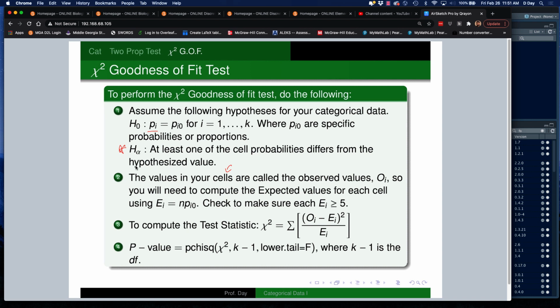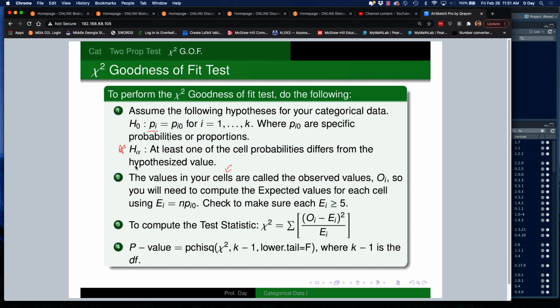We took a random sample of flowers and kept account of the colors, and that's what we're going to use as our observed values, what we actually observe in the field. So we need to compute the expected values for each of those using the theoretical probabilities that we know about the colorations of this flower and our total sample size.